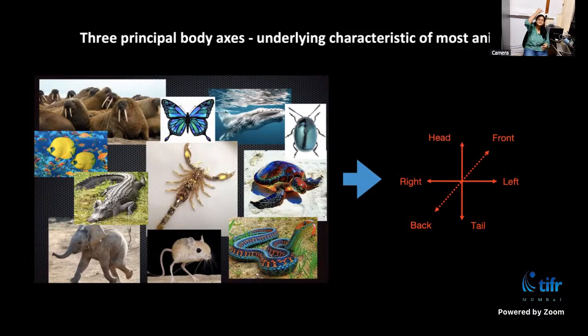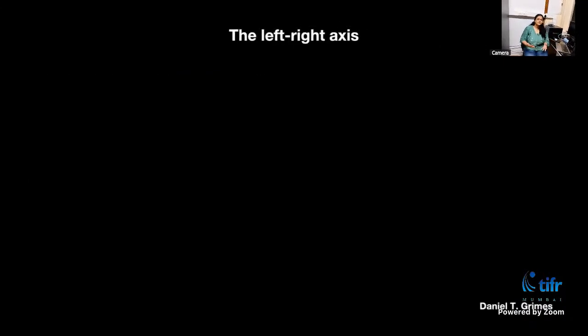The first one is the head-tail axis, then the front and back axis, and the left and right axis. Of this, like Sundar mentioned, the axis that we are interested in is the left-right axis.